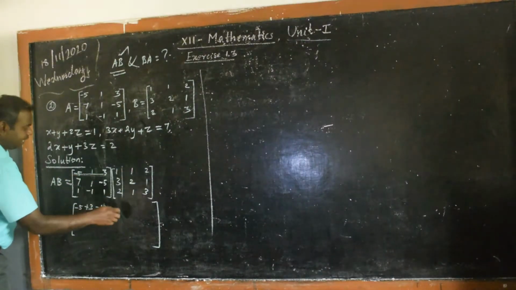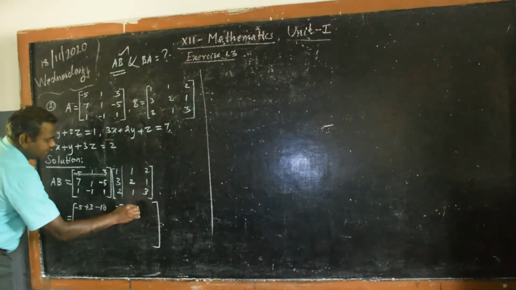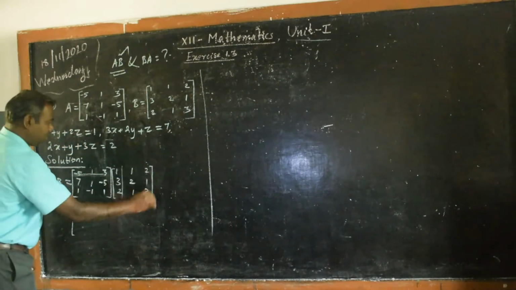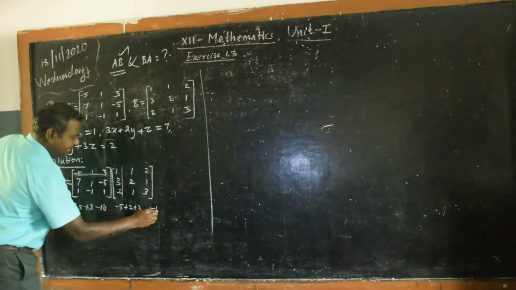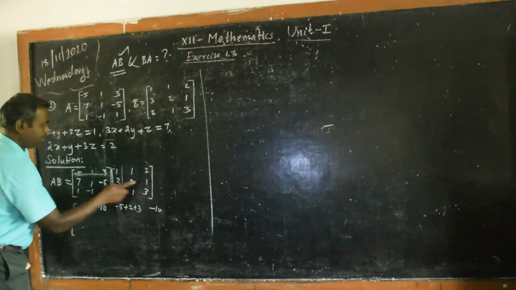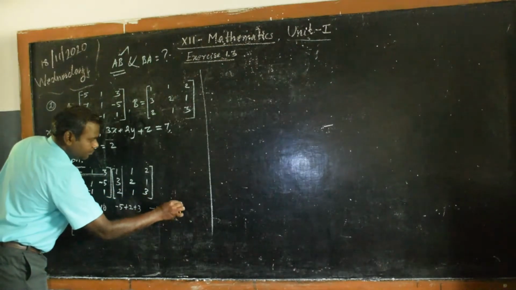First row, second column: minus 5 plus 2 plus 3. First row, last column: minus 10 plus 1 plus 9.